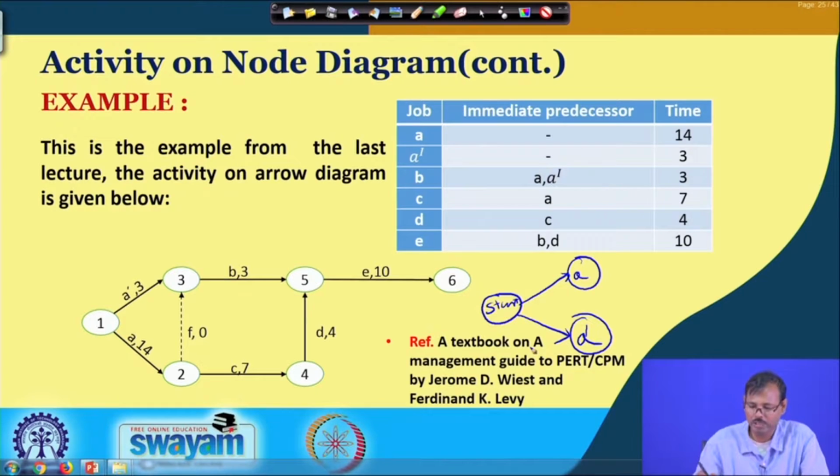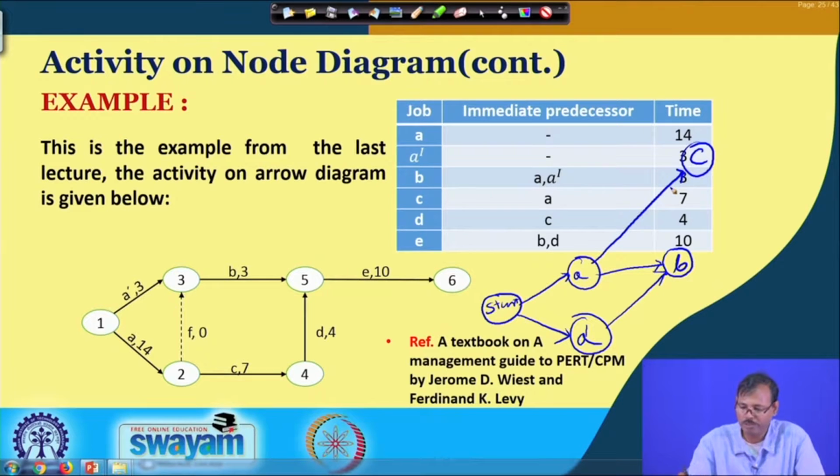Then we are having job B which is having both A and A dot as the predecessors. We are having job C which has only A as a predecessor.